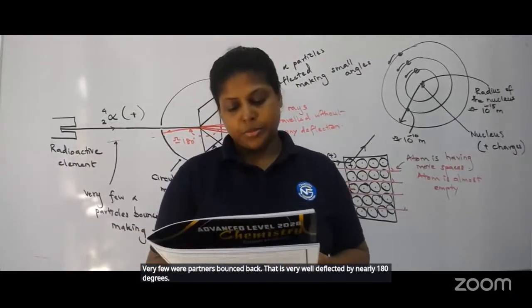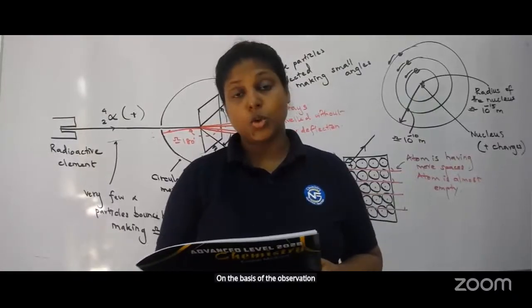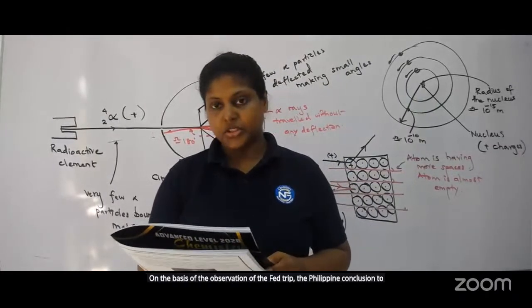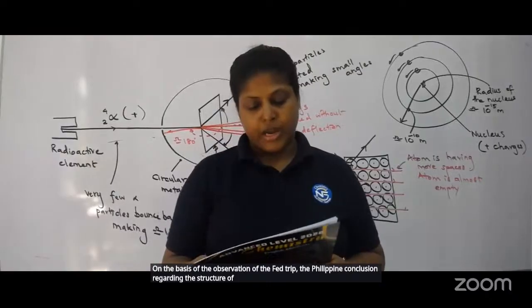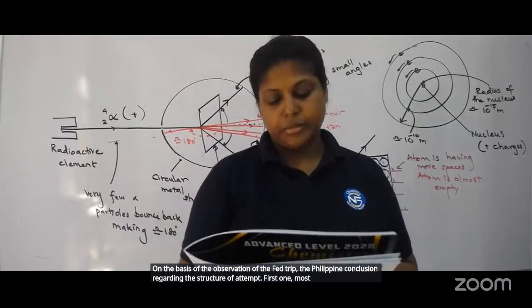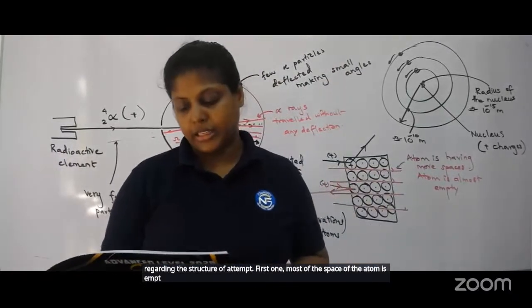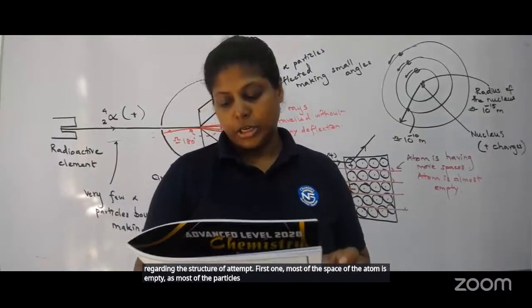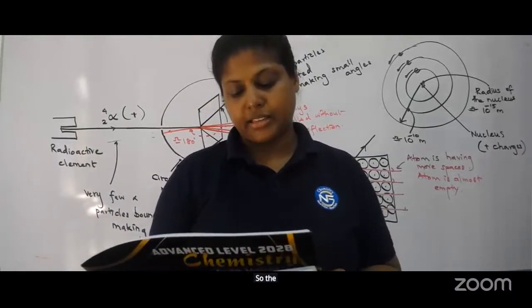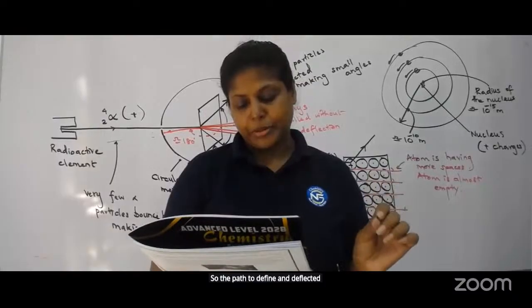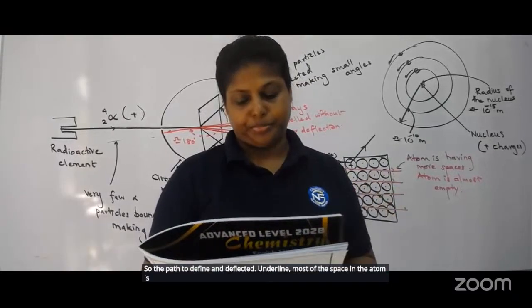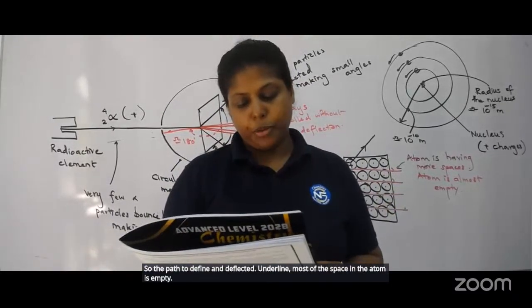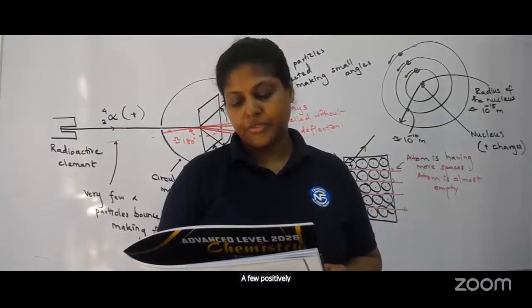On the basis of the observations, Rutherford drew the following conclusions regarding the structure of the atom. First, most of the space of the atom is empty, as most of the particles pass through the foil undeflected. A few positively charged alpha particles were deflected.